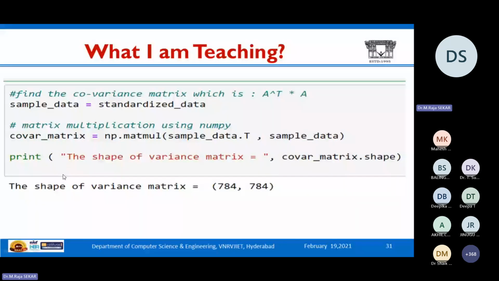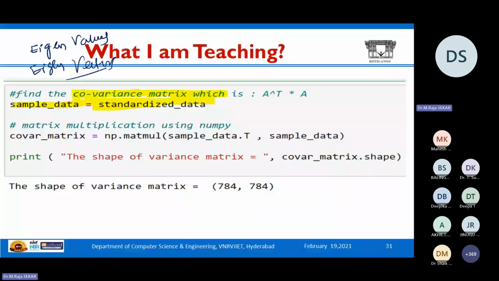Now that standardized data, where am I keeping it? In a variable, see here in the comment section, covariance matrix. Why do we need a covariance matrix? I need eigenvalues and eigenvectors for dimensionality reduction, but my data matrix X is of size 15,000 by 784.